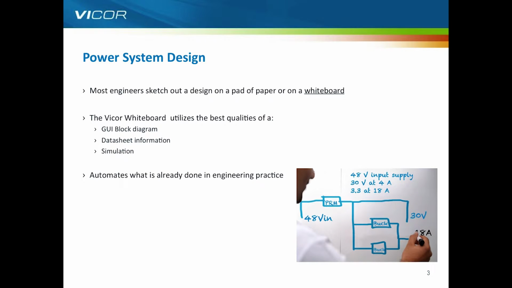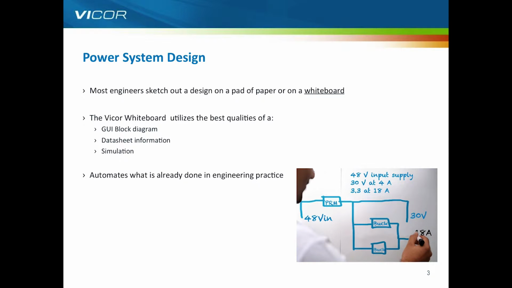What we've done is, between that selector tool and the detailed simulation that may go on, we've created a system or tool that we call, simply enough, the whiteboard. And it really automates what most of us do already when we design a system.